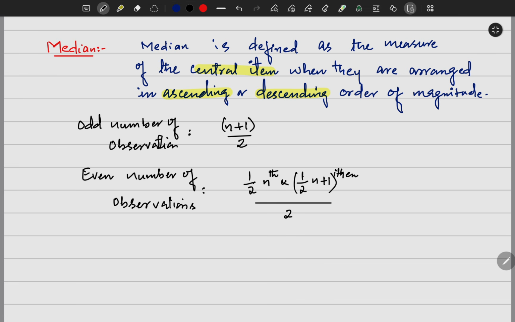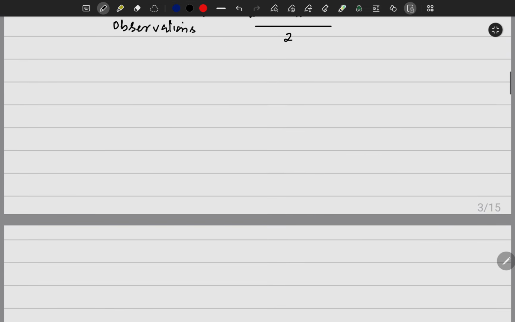For example, if you have to find the median of the data 6, 8, 9, 10, 11, 12 and 13, you have the number of observations: 1, 2, 3, 4, 5, 6 and 7.